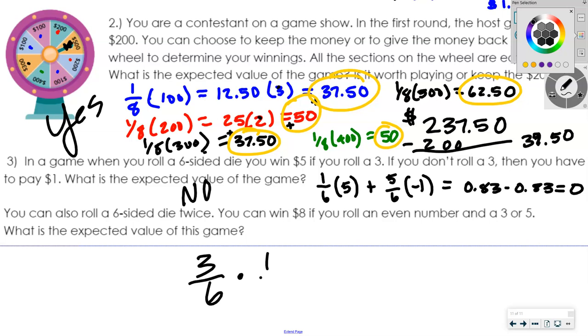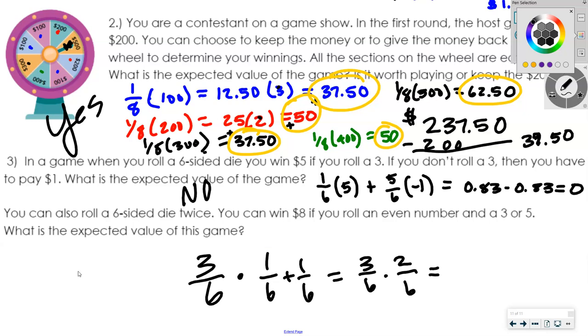So this is going to be 1/6 plus 1/6. So this is going to be 3/6 times 2/6, right? So that's going to be 6/36, right? Okay. And it says it's $8 for you to do this. So $8, that's $1.33.